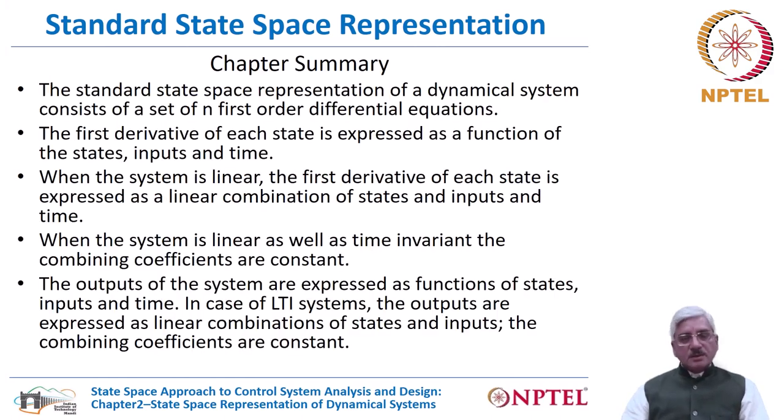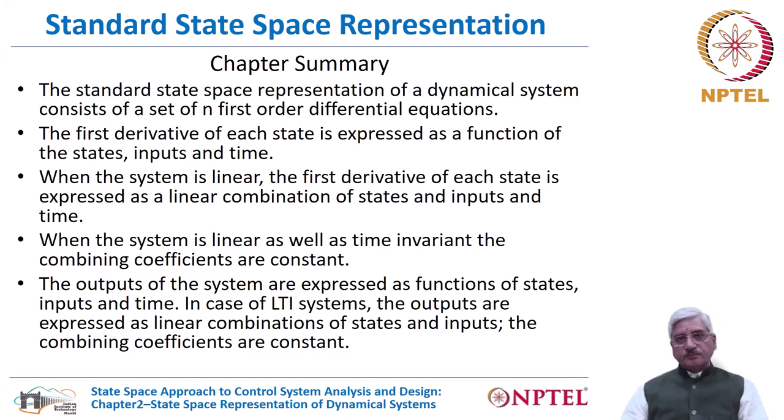We summarize the chapter. The standard state space representation of a dynamical system consists of a set of n first order differential equations, where n is the system order. The first derivative of each state is expressed as a function of the states, inputs and time. When the system is linear, the first derivative of each state is expressed as a linear combination of states and inputs.